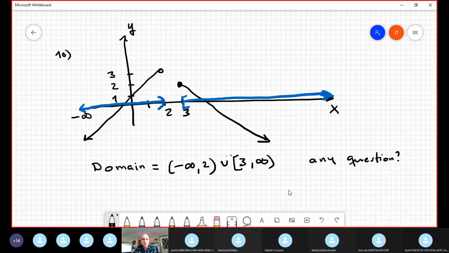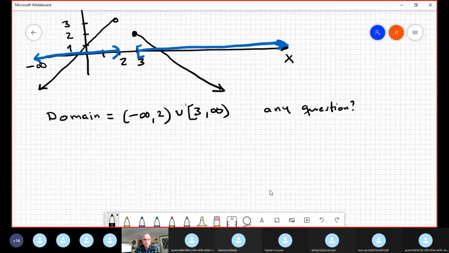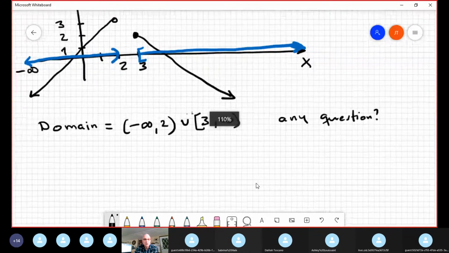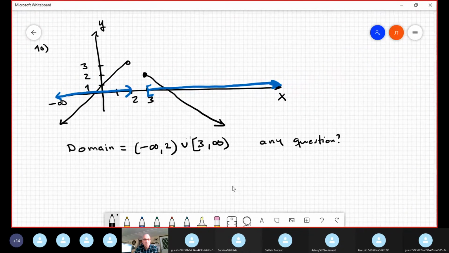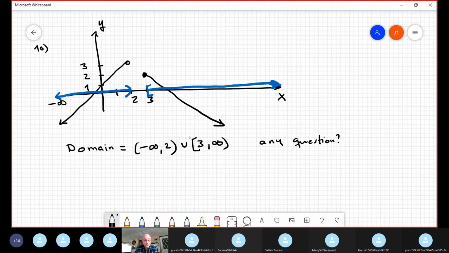Range is exactly the same, but in y, because the definition of the range is the set of the y values in which the function is defined. Now the projection is onto the y-axis. I can see this arrow indicates that it continues forever down, so that part is in the range, until 3.